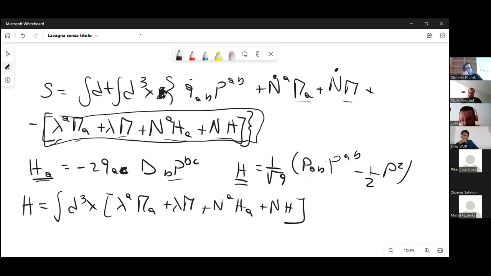The first is the consistency of the constraints, and I'm going to tell you what it means, and then to compute the Poisson brackets, because we have all the mathematical tools to do that. We have a volume form, so it's possible to construct Poisson brackets. We have all we need.